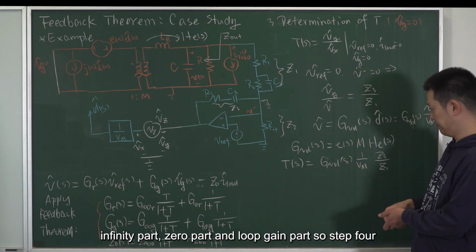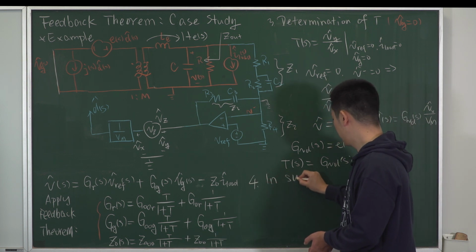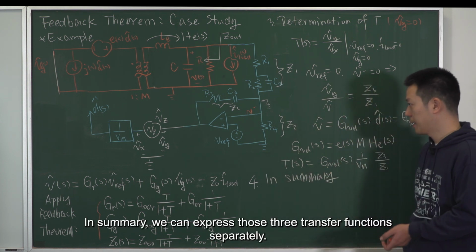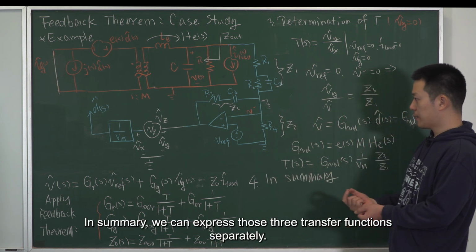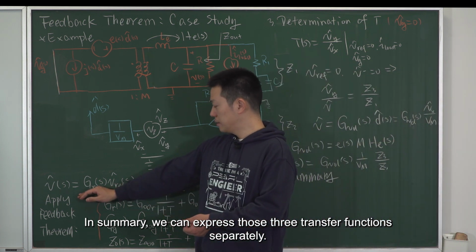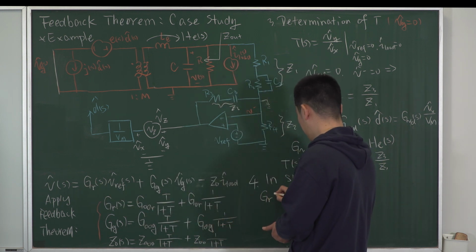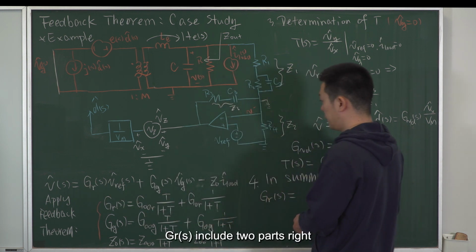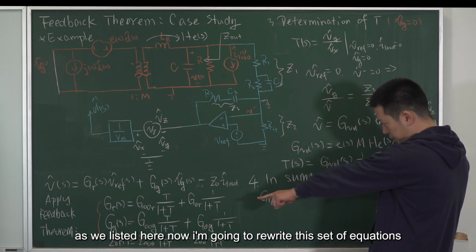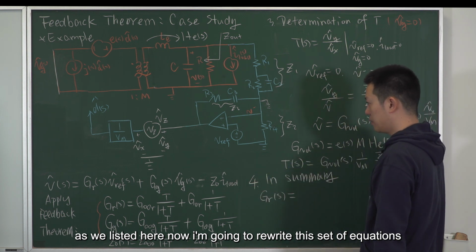So step 4, we can summarize. In summary, we can express those 3 transfer functions separately. GRS include 2 parts, right? As we listed here. Now I'm going to rewrite this set of equations.